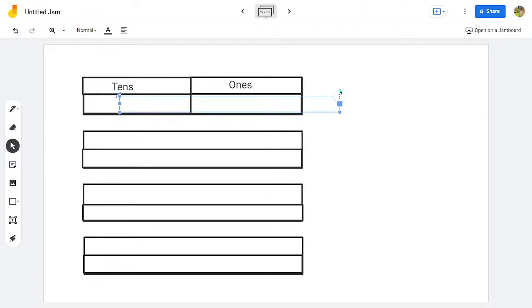Now let's say we have a two-digit number 56. This is the two-digit number. Now we have another two-digit number.